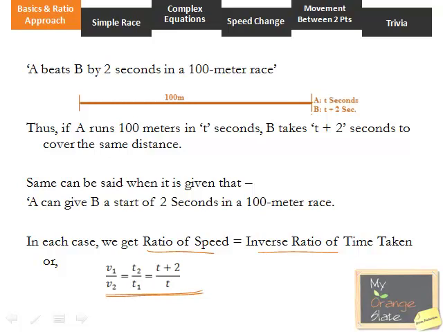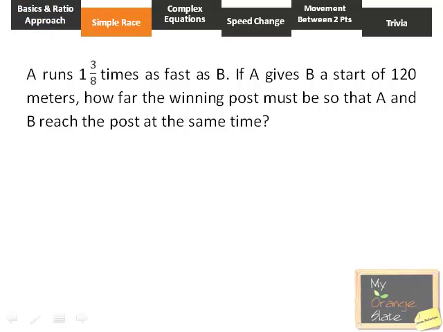Once we express questions in the ratio form, as I said earlier, it becomes easier to resolve the questions. Let us see with the help of a few examples. A runs 1 and 3/8 times as fast as B. If A gives B a start of 120 meters, how far the winning post must be so that A and B reach the post at the same time?